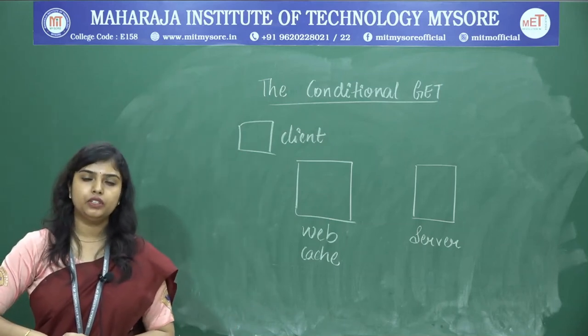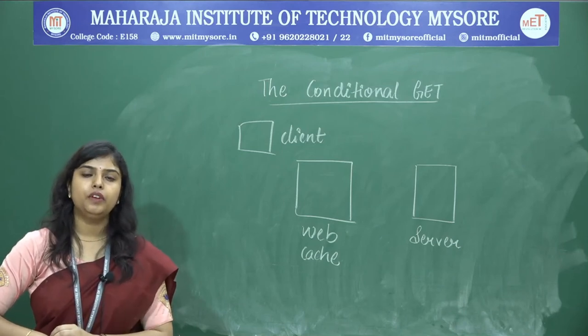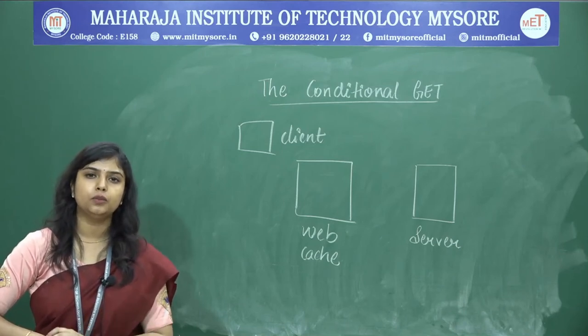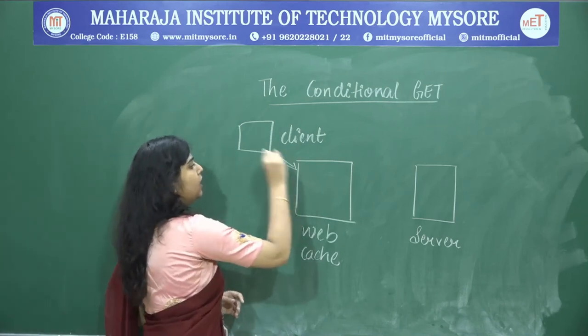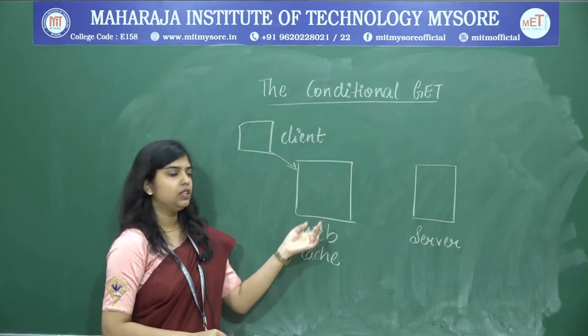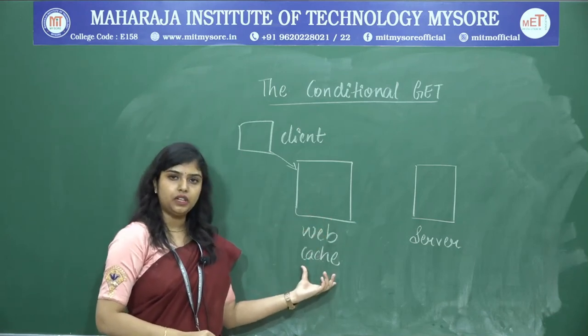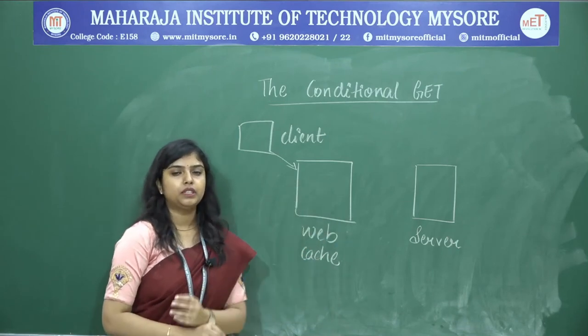The next topic we are going to study is the conditional GET. Before we explain it, let's assume a scenario where the client has requested an Amazon page. The web cache has received the request and is searching its storage, but the page is not present in the web cache.